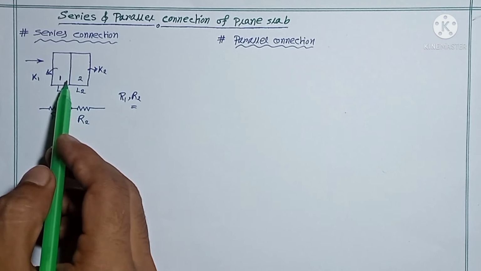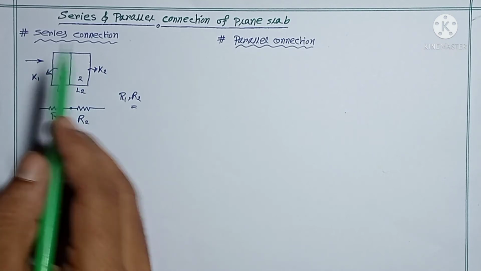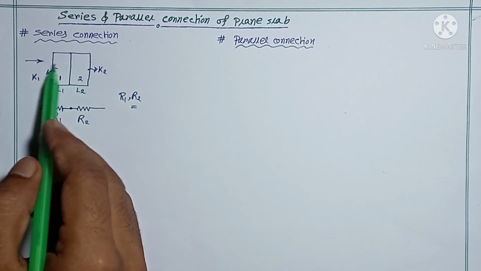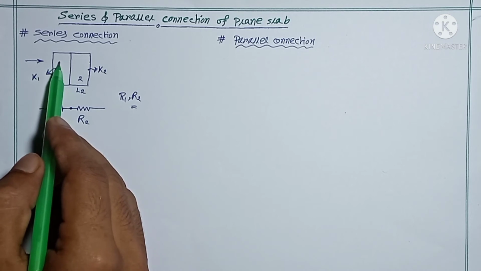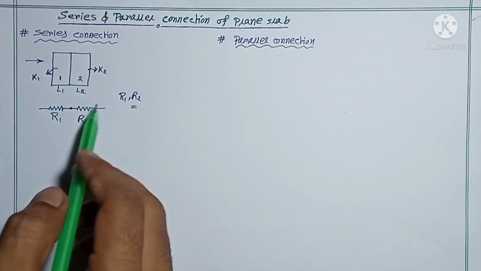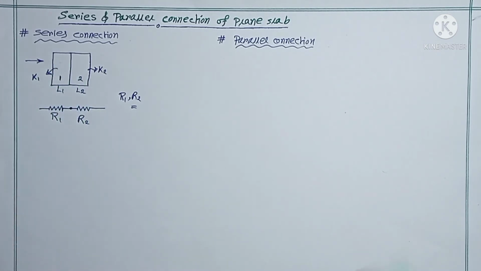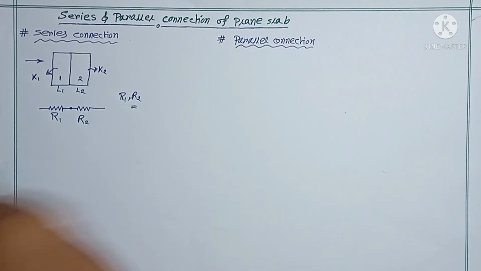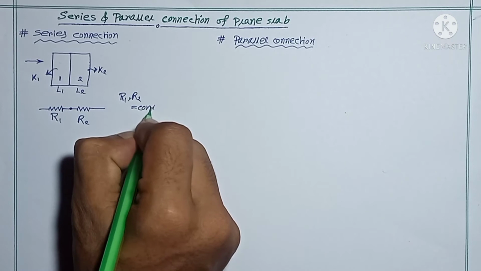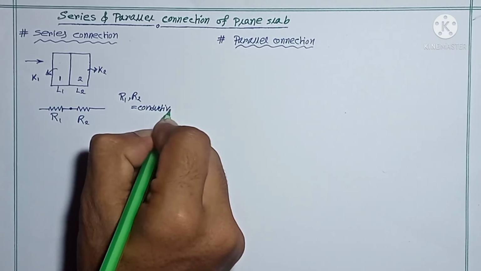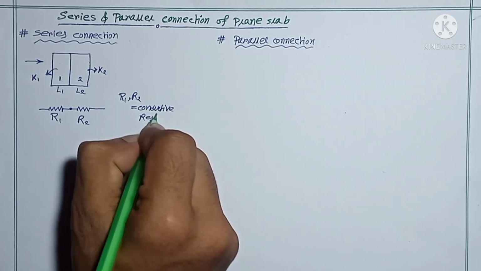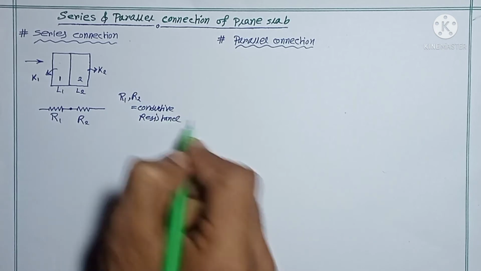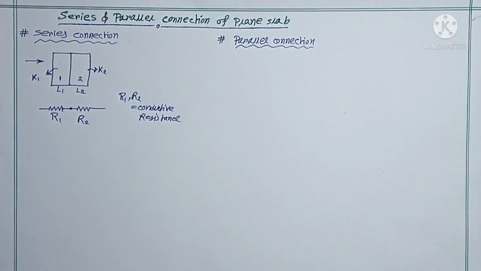Heat is transferred from slab 1 to slab 2, so solid to solid heat transfer takes place. So it is the case of conductive resistance. R1 and R2 are conductive resistances here. So up to now it is clear.